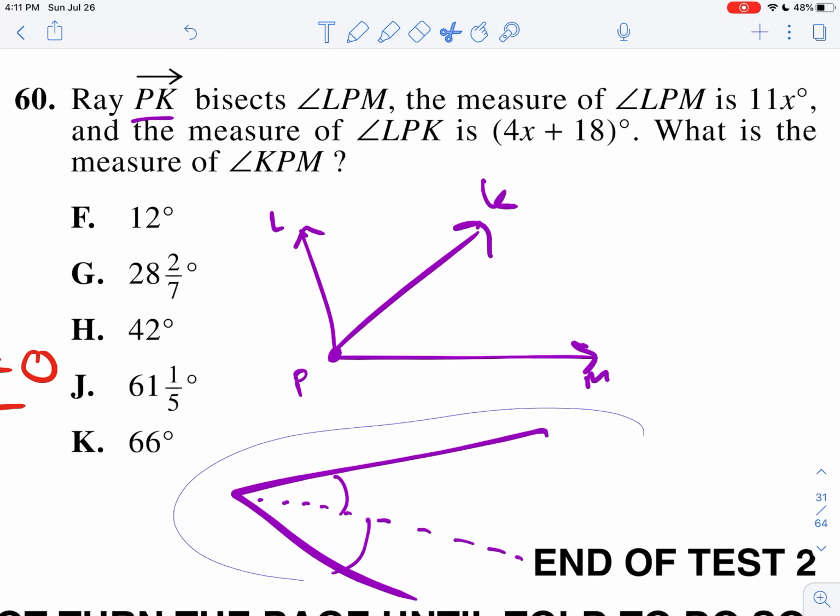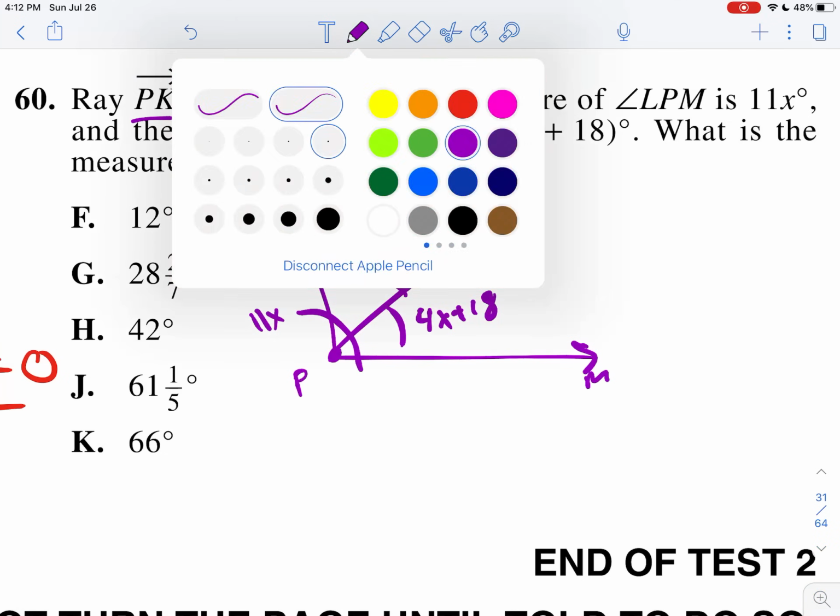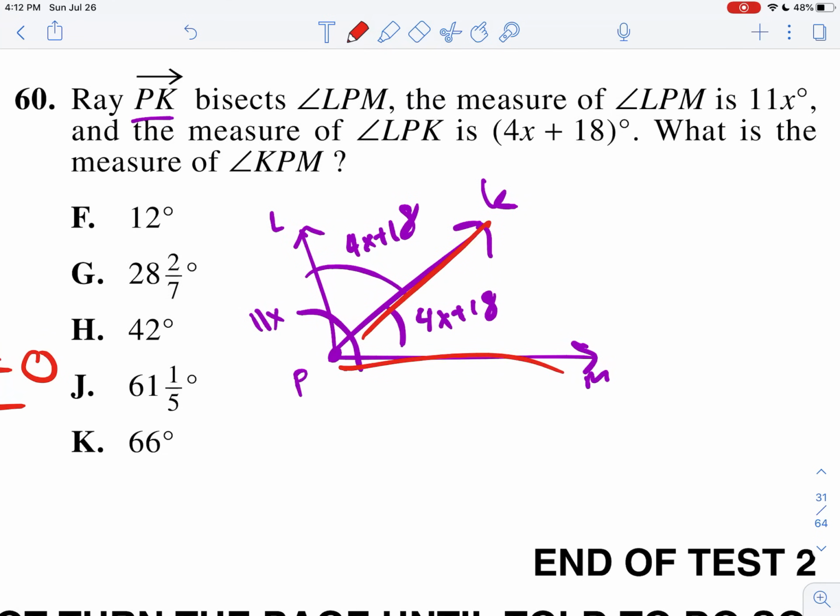Angle measures, they're equal. Now that we know that, LPM as a whole is 11x, and the measure of LPK is 4x plus 18. And since this is equal to this, that means that this here is also 4x plus 18. So what is the measure of KPM, which is 4x plus 18?